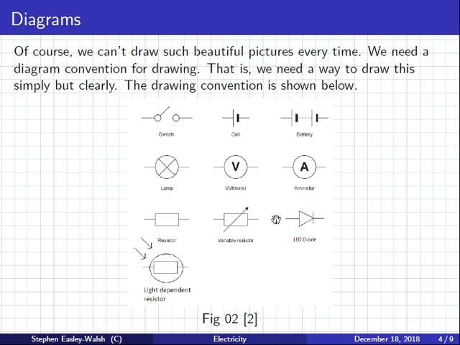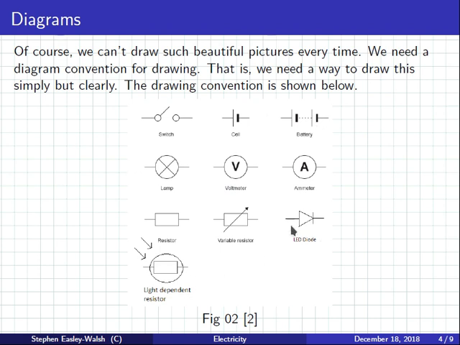So the current can easily go this way, but it's difficult for the current to go backwards. This one here, the current can go both ways. This one here, I didn't show it on the picture, but this side is positive and this side is negative. So maybe you want to say that.